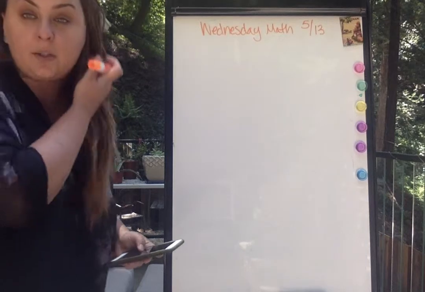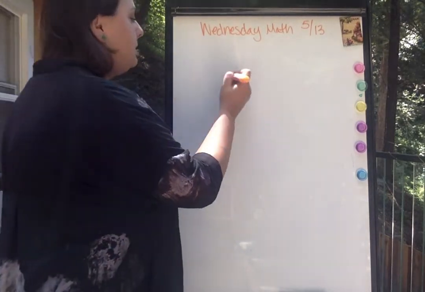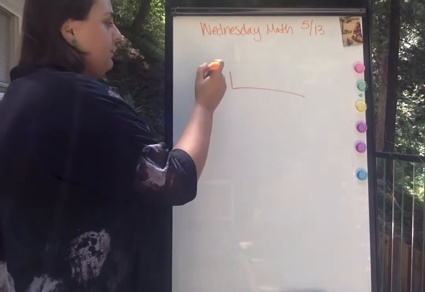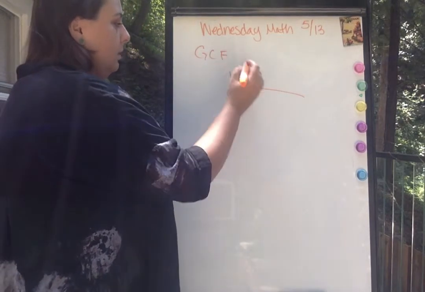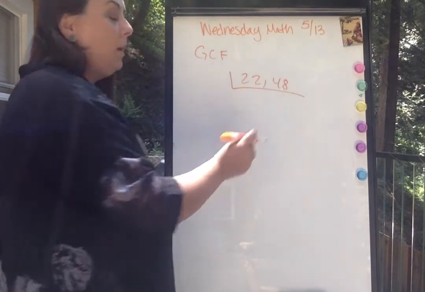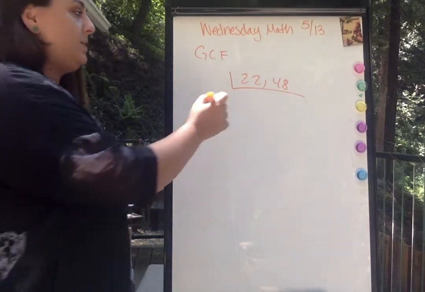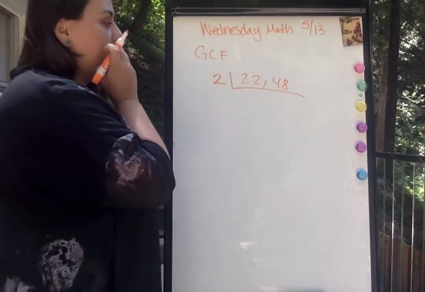We're going to find the greatest common factor of 22 and 48. So draw your little upside down division sign. And we've got 22 and 48. Both of these are even numbers, so we know that 2 is definitely going to go into both of them.